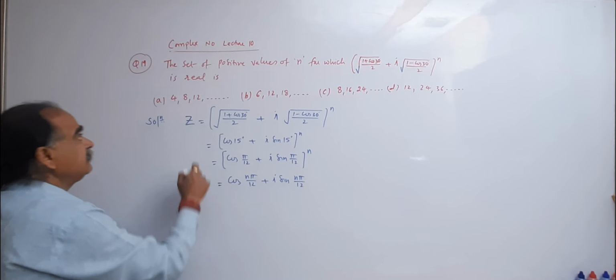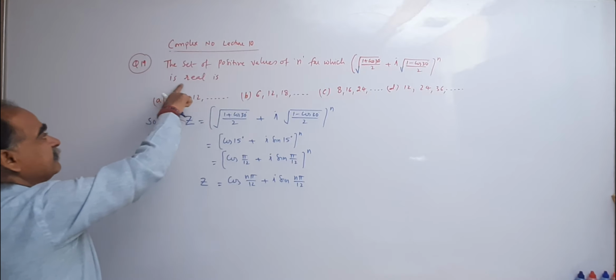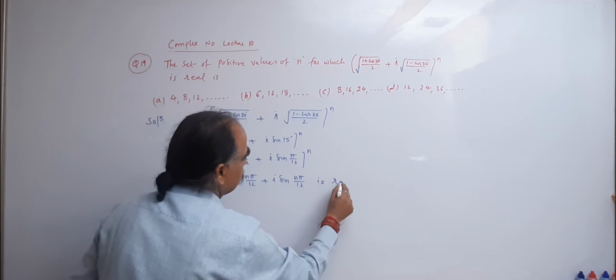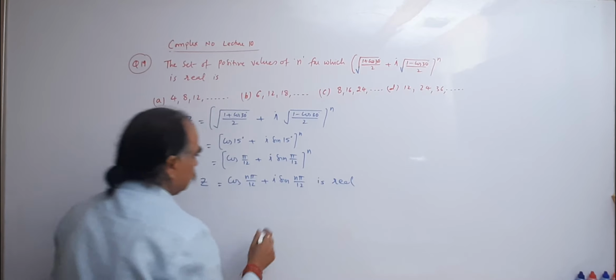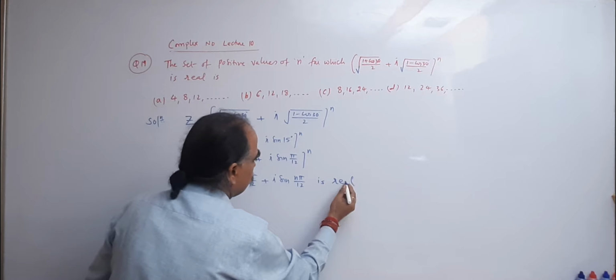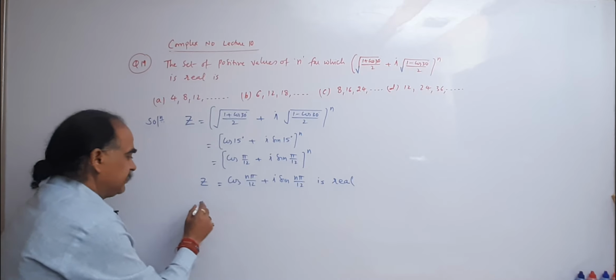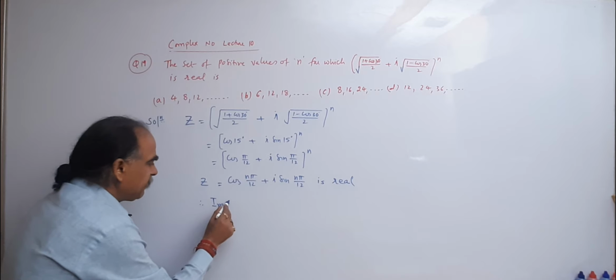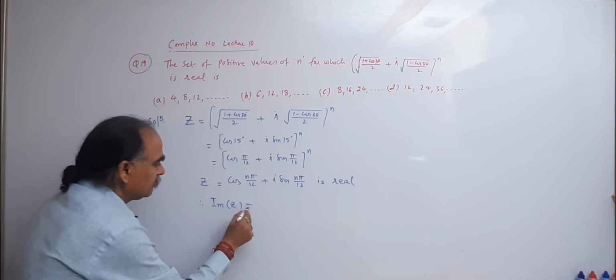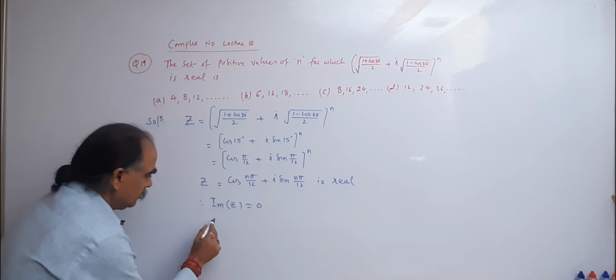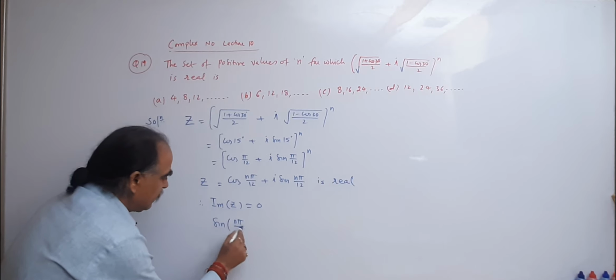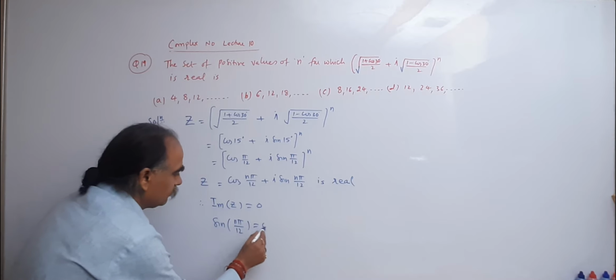Now what they have given? It is real. Therefore, imaginary part of z will be 0. So sin n pi by 12 is 0.